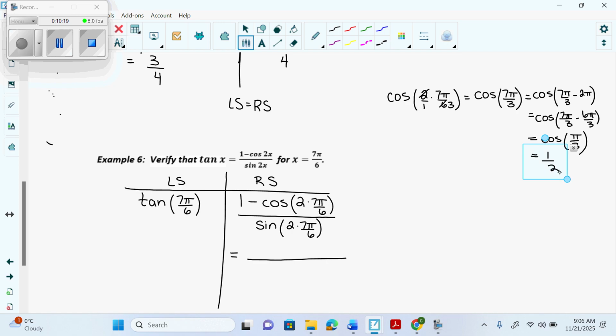So I can go 1 minus 1/2. What is the sine going to be now? It's going to be the exact same spot, correct? But the y. What's it going to be? Root 3 over 2.